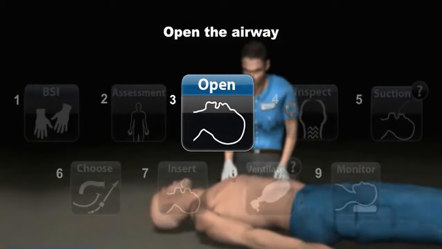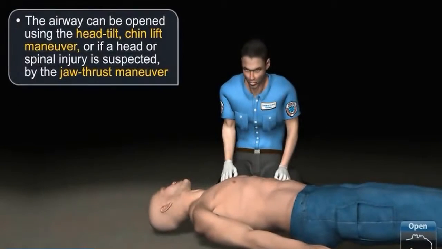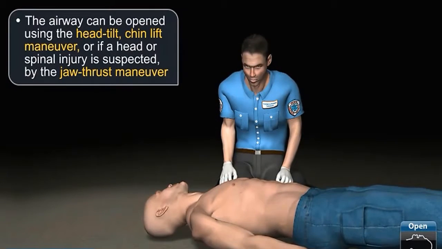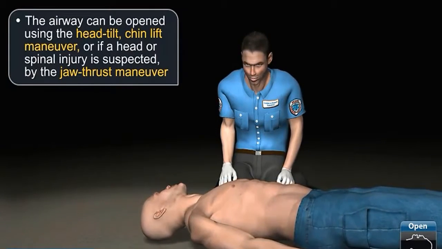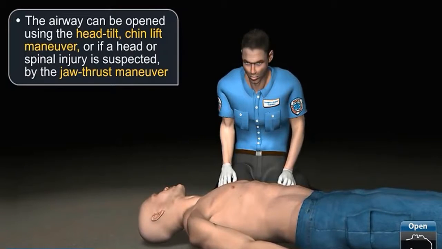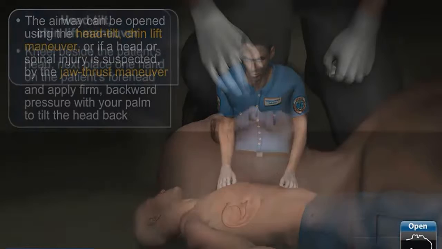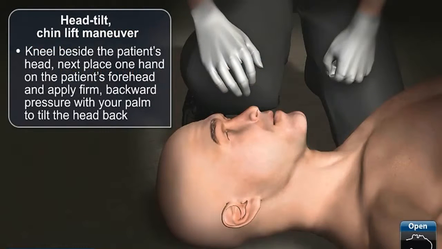Open the airway. The airway can be opened using the head tilt, chin lift maneuver, or if a head or spinal injury is suspected, by the jaw thrust maneuver. To perform the head tilt, chin lift maneuver, kneel beside the patient's head.